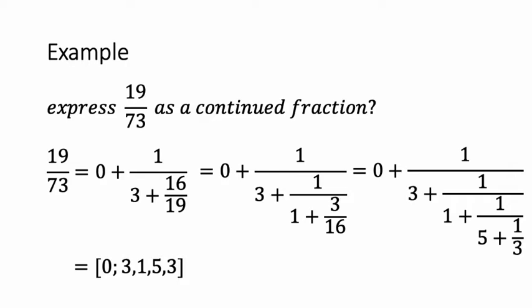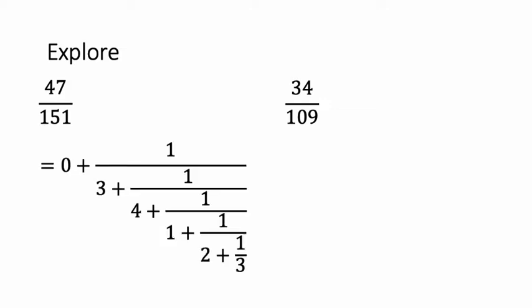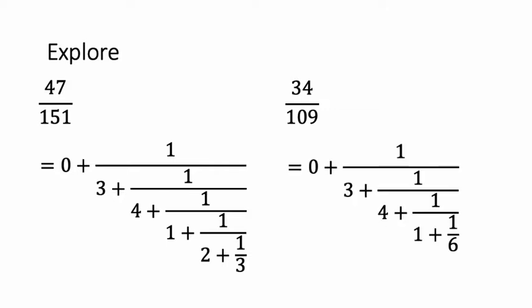So after this example, let's explore the numbers in our question. 47 over 151, we can denote it like this, and 34 over 109 can also be like this. Notice that they all have the numbers 0, 3, 4, 1 as A0, A1, A2, and A3. The part that is different is here and here. 1 all over 2 plus 1 over 3 is also 3 over 7.